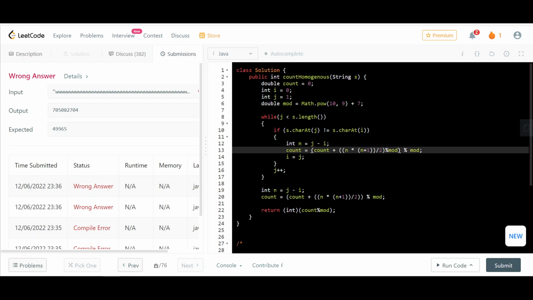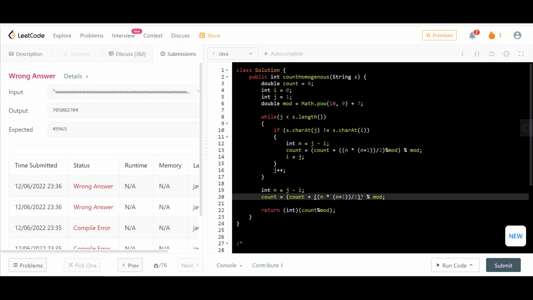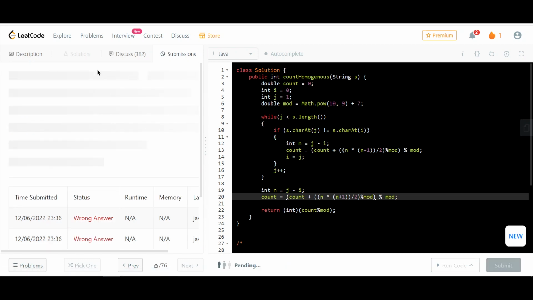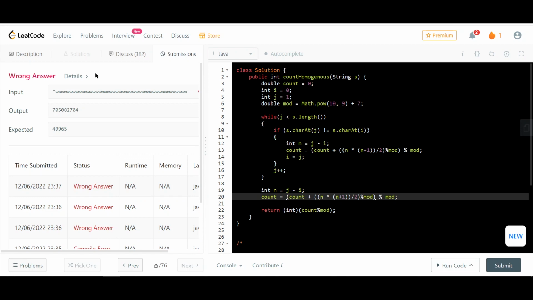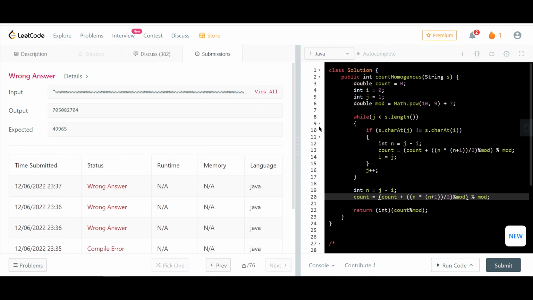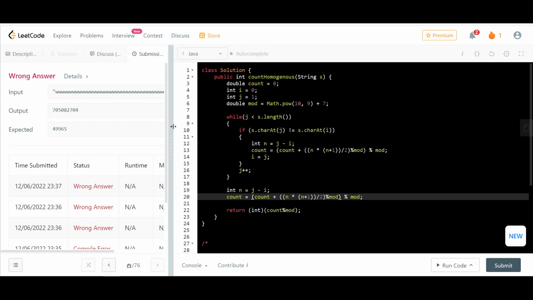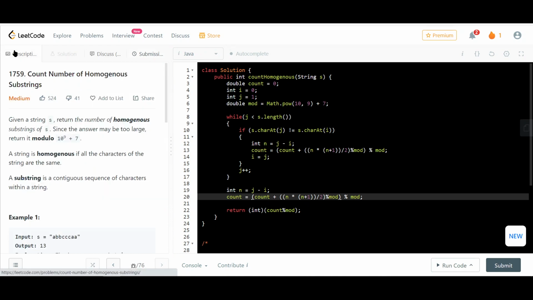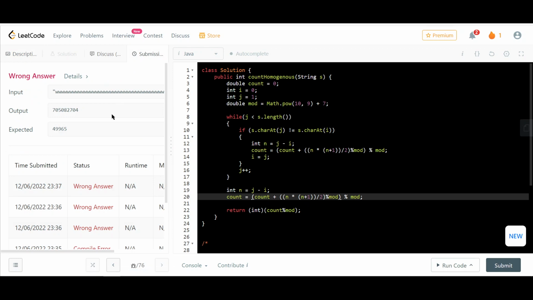I can do a percentile mod here as well to see if that helps. It's just not going to help, huh? Is that the only one that does not work?